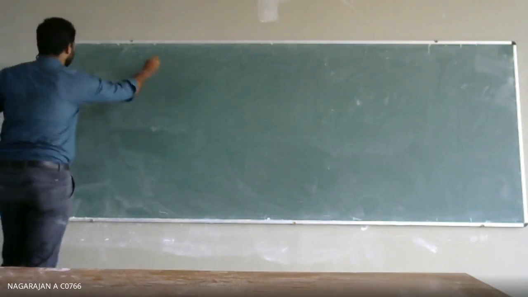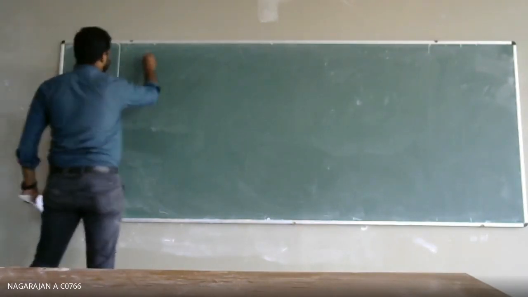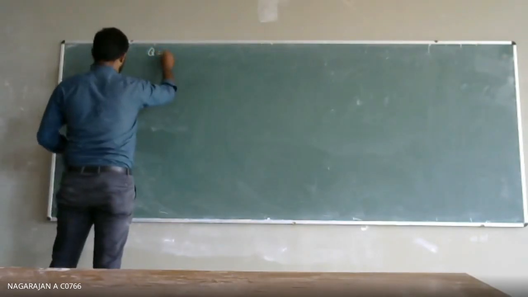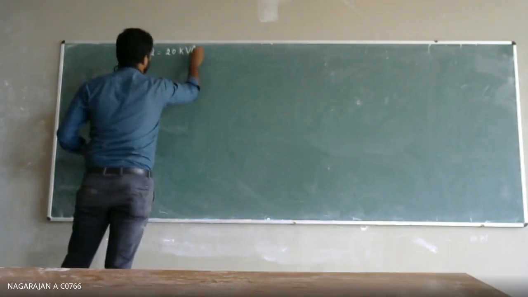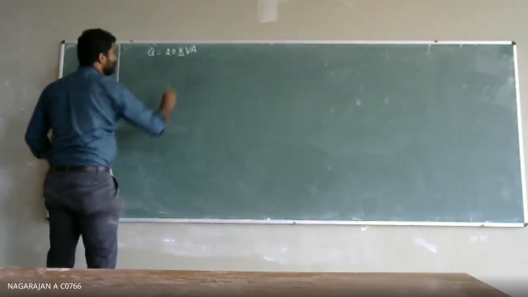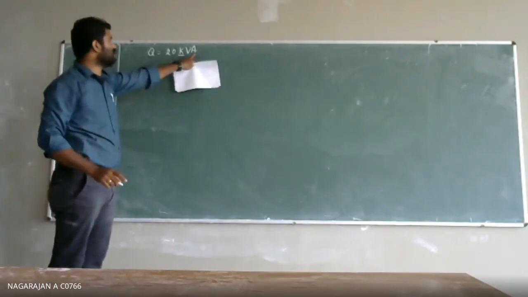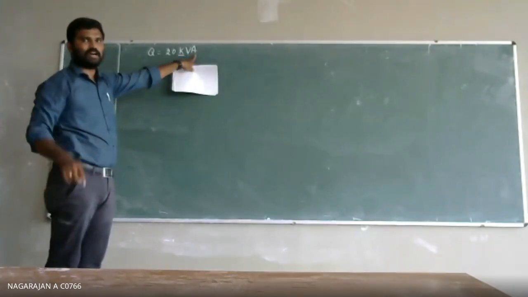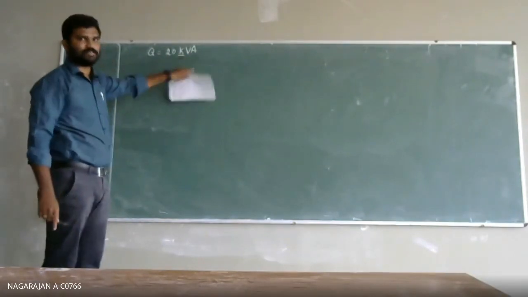What are the data given? They have given the rating of the transformer, which is Q equal to 20 kilovolt ampere. Always keep this Q as upper case and kilo in small case, and voltage and ampere as upper case.